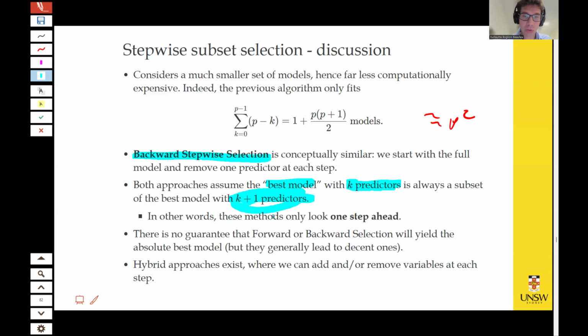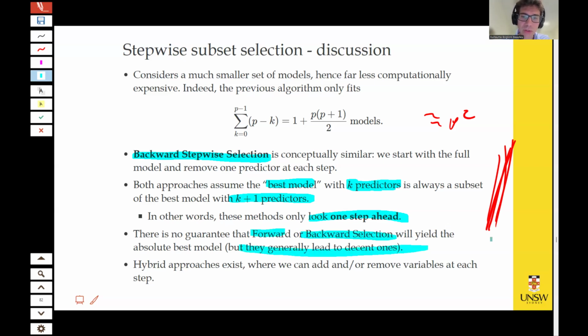Or in the other direction as well, if I start with k plus 1, that's my best model with k plus 1 predictors. The best one that has only k will be this one from which I remove one variable. In other words, these methods only look one step ahead. Now, in reality, there is no guarantee this is true. There's no law of the universe that says this must be true. So, as I said, there is really no guarantee that forward or backward selection will yield the absolute best model, but they generally lead to a decent one.